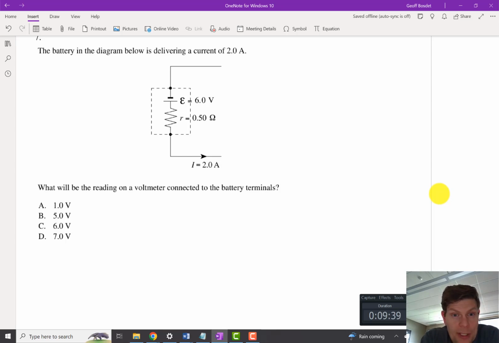But what ends up happening is the more current that flows, the lower the voltage you would measure at the battery, because you're losing more and more of the energy and voltage inside the battery itself if current is more. So all we've got to do is figure out what the drop is here and take our theoretical max voltage and subtract how much we'd lose across here.